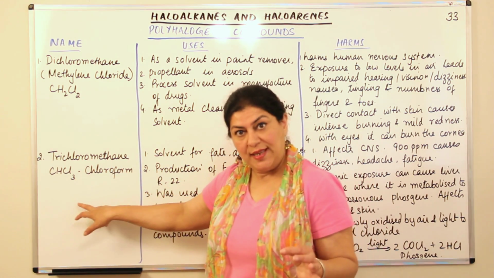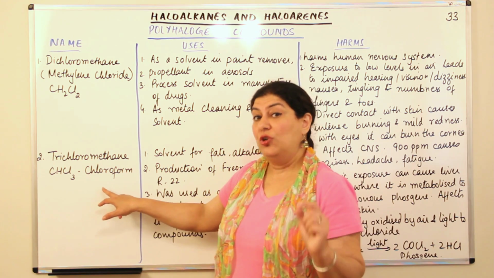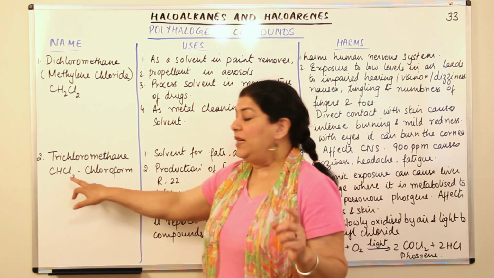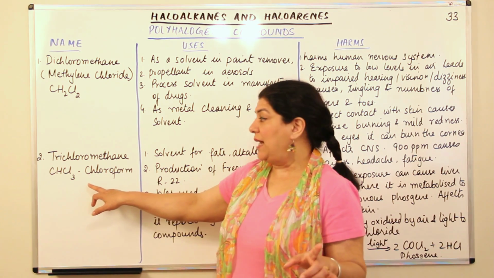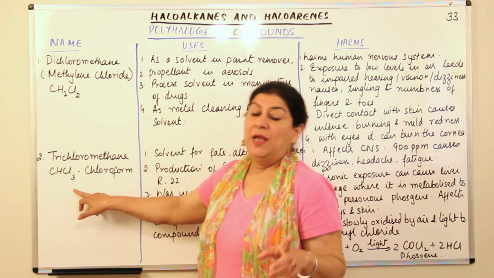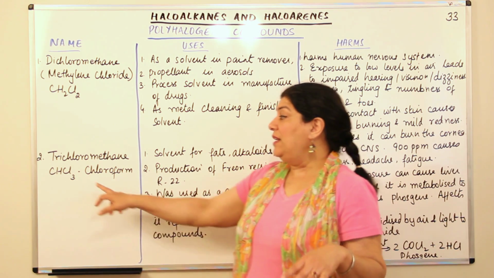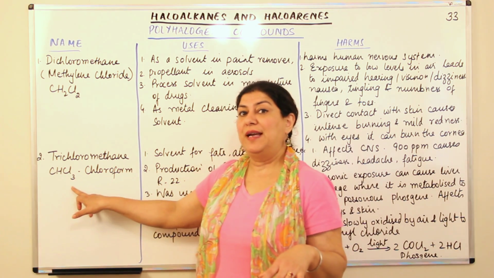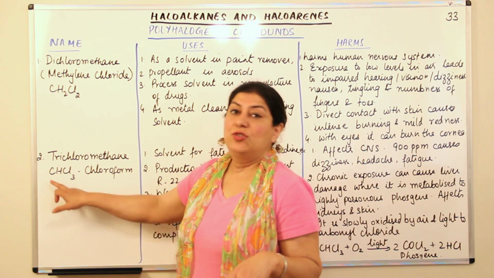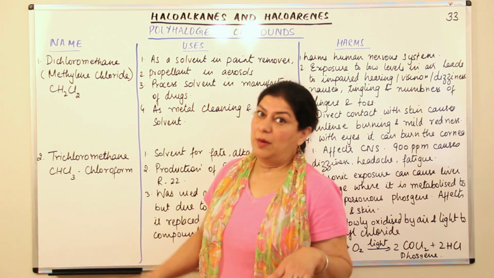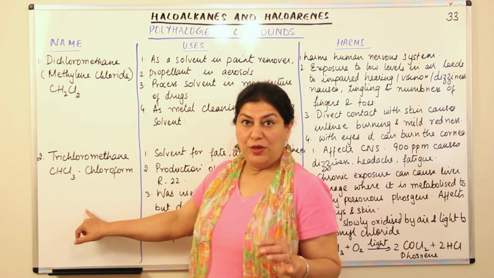Trichloromethane is CHCl3. It is commonly known as chloroform. If you have iodine in place of chlorine, that is 3 iodine atoms, you get CHI3, and it is known as iodoform. So that's your third compound. Then you have all the 4 hydrogens of methane substituted with chlorine, so it becomes CCl4. It is called carbon tetrachloride. So that is one of the compounds.